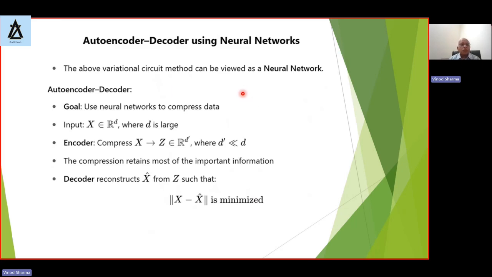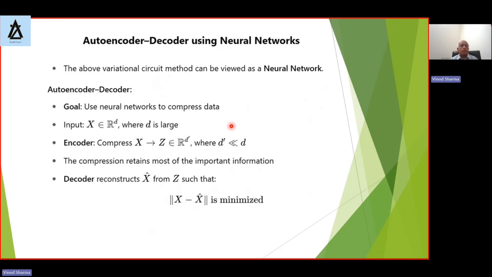So in this autoencoder-decoder, the goal is we use neural networks to compress data. We have talked about compression of data via PCA in the last video. Now we are talking about the same problem, but instead of calculating the eigenvectors and so on of the dominant eigenvalues, we use just the neural networks in this case, and it works as follows. X is the input with dimension D.